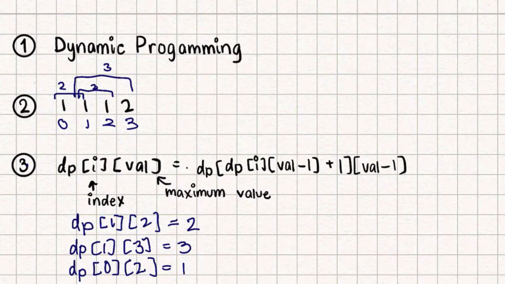If it wasn't possible to get this value, then this would be -1. But if it's not -1, then we know it is possible to reach this value. So we're going to loop through all of the values possible, and when we loop through, we're going to update the DP value and check if the value isn't -1. That means it is possible to make this value.